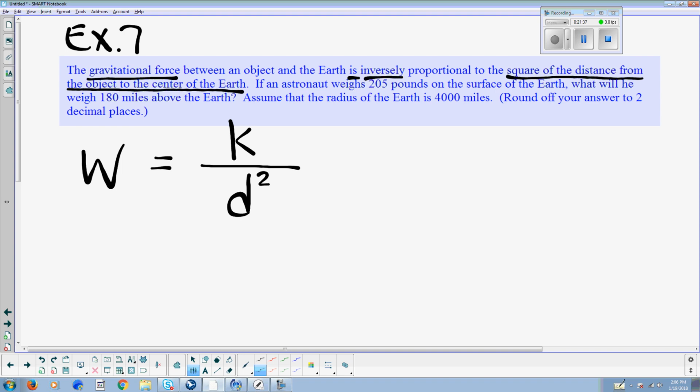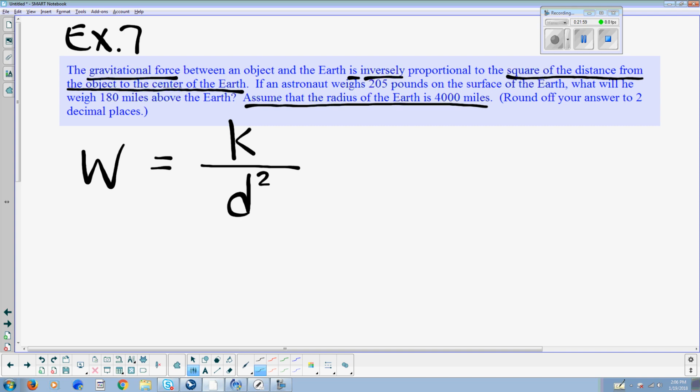That distance is representing the distance from the object to the center of the Earth. And I'm going to draw your attention to this. At the end of the question, it says assume the radius of the Earth is 4,000 miles. So that means from the surface to the center, it's 4,000 miles.